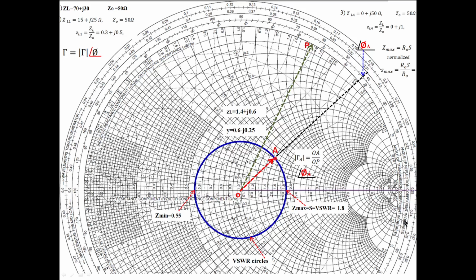So minus 10, minus 20, minus 30 like that. And if you come like this, it is negative, minus 80, minus 90, minus 170, 180 here. Similarly positive angles 170, 160, like this. So that is the way of measuring the reflection coefficient magnitude and phase from the Smith chart.